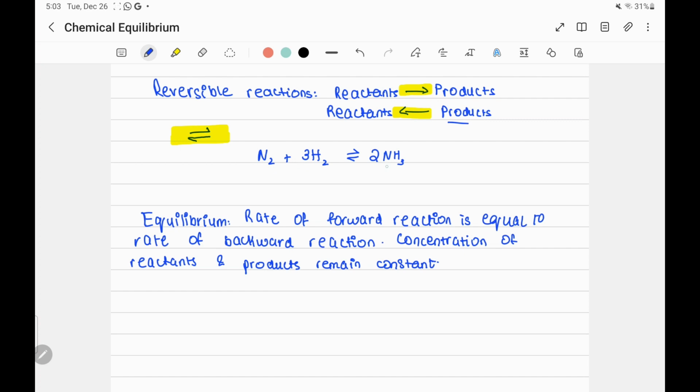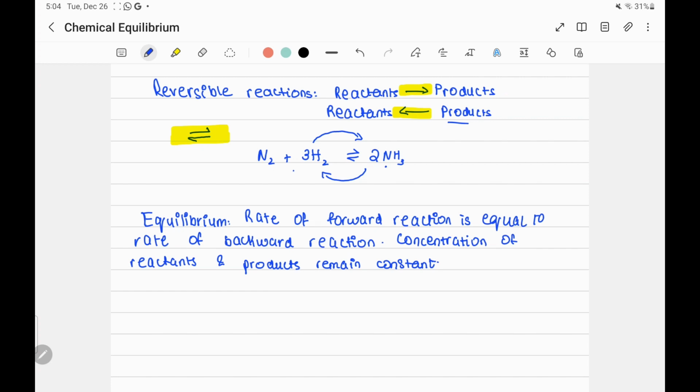And the backward reaction is from the products to the reactants, which is from ammonia to nitrogen and hydrogen. What this means is that nitrogen and hydrogen is forming ammonia, and ammonia is also decomposing into nitrogen and hydrogen. This is why the reaction is reversible. It occurs in both directions. You can go from the reactants to the products, and from the products to the reactants.